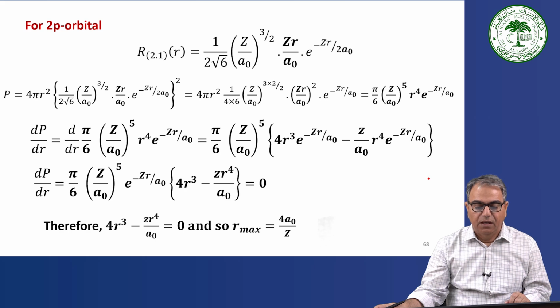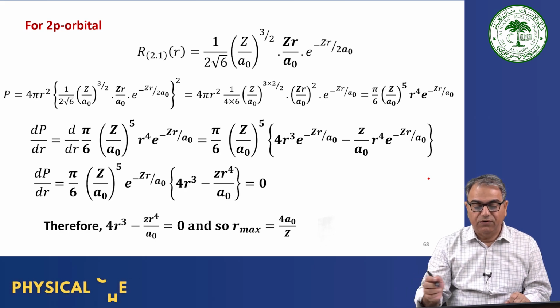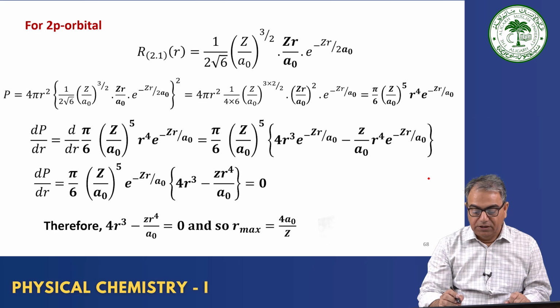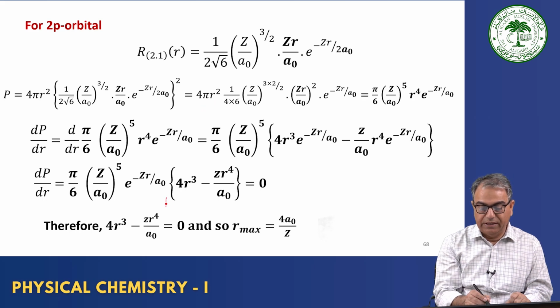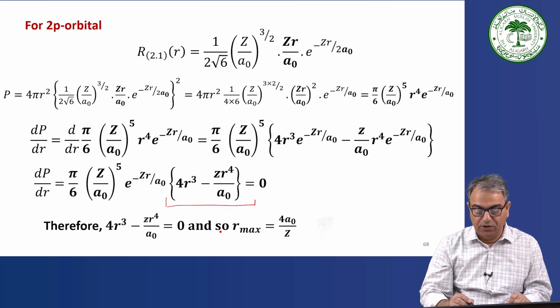If you look at the 2p orbital, what happens? For a 2p orbital, I have calculated the point of maximum probability, and it is 4 pi r square. Just differentiate dP by dr and equate it to 0. So what you have is 4r cube minus Zr to the power 4 divided by a naught is equal to 0.